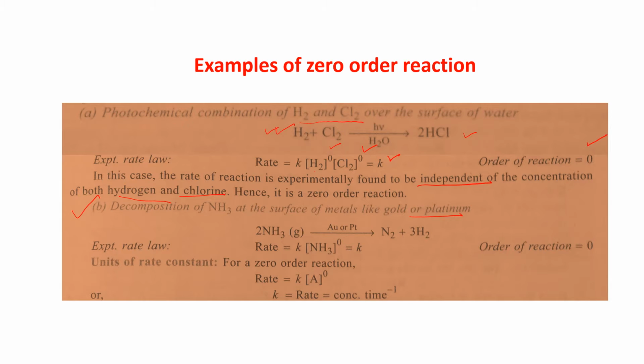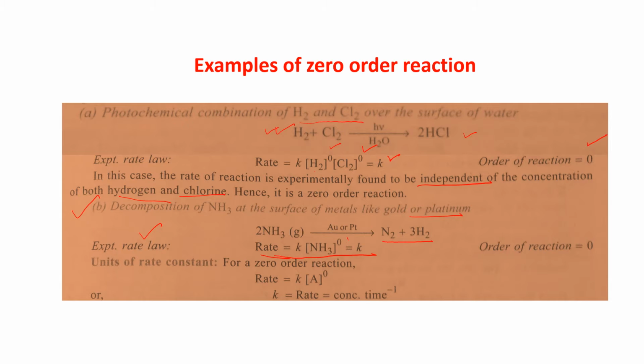NH3 is giving you N2 plus 3H2. The rate law is giving the expression rate is equal to k, concentration of ammonia to the power 0. That means it is not depending upon the concentration of ammonia.